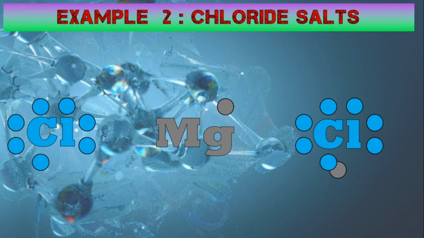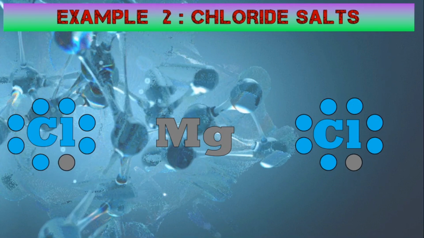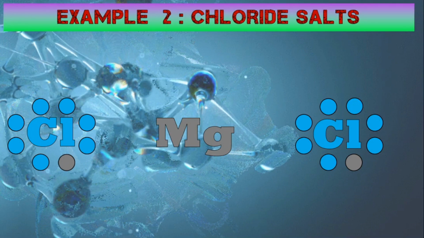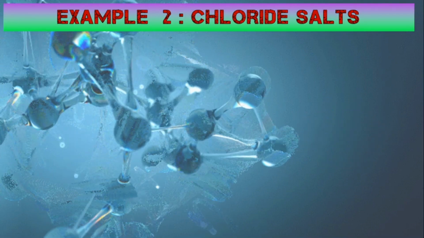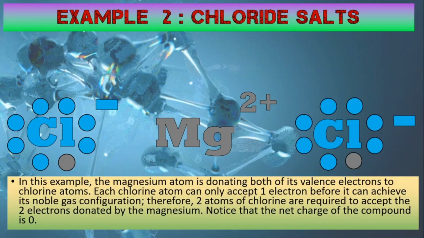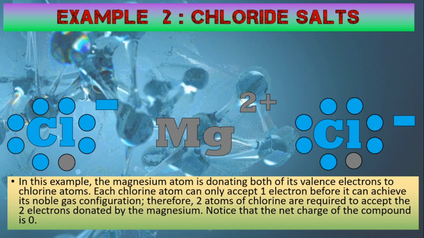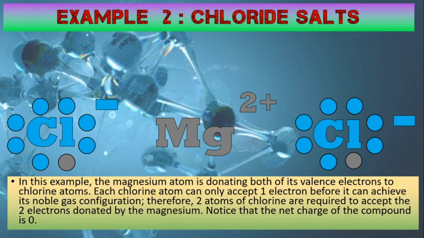Then we're going to transfer the valence electrons of metal elements to the nonmetal elements. So in this example, the magnesium atom is donating both of its valence electrons to chlorine atoms.